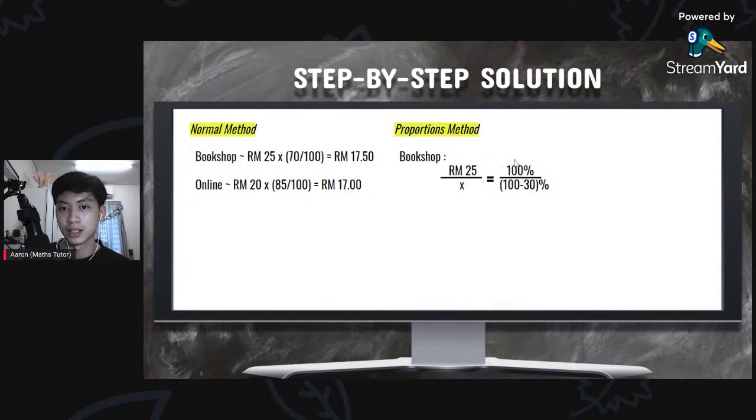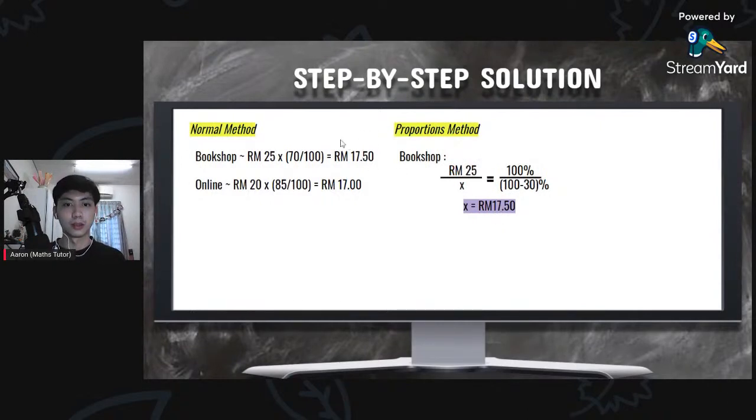Because 25 ringgit is the original price, the 100%. And the below one is the price after 30% discount. So original 100%, you minus 30%, you get 70%, right? So 70%, then if you play with the maths here, you eventually get 17.5 ringgit.